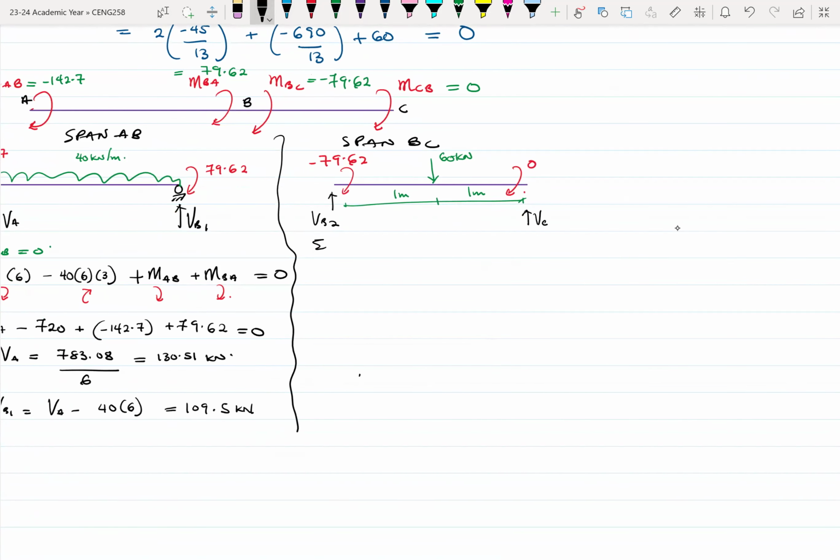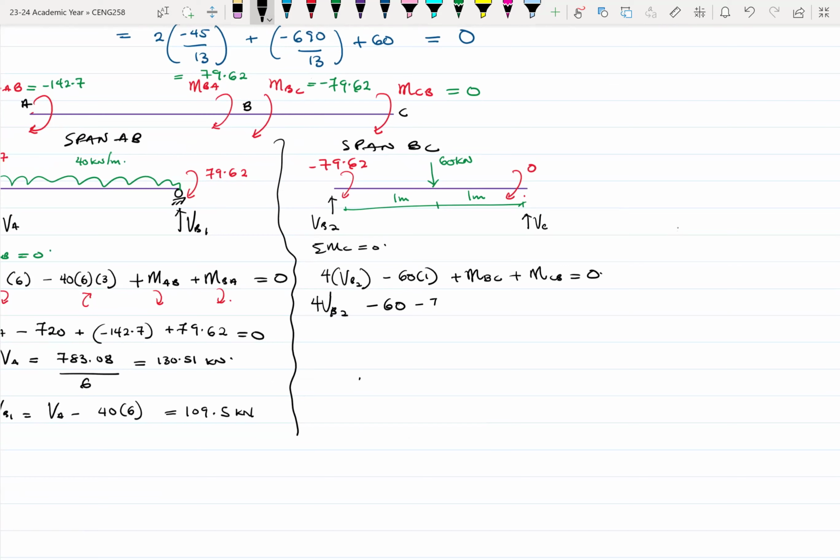Again, summation of moment at C equals 0. So we have 4 VB2 minus 60 times 1 plus MBC plus MCB equals 0. So here it becomes 4 VB2 minus 60, MBC is minus 79.62, and MCB is 0 anyway, so that goes to 0.